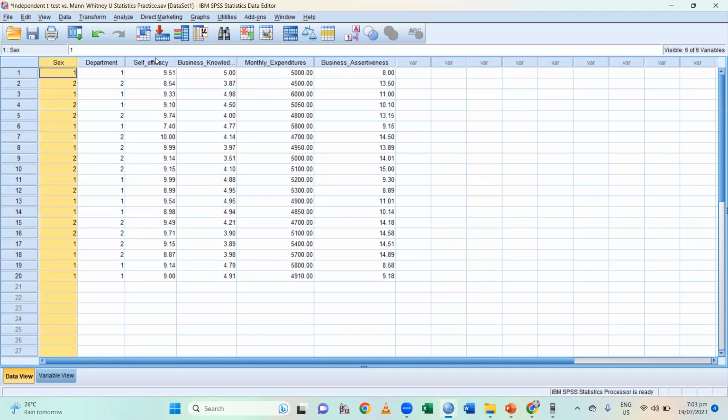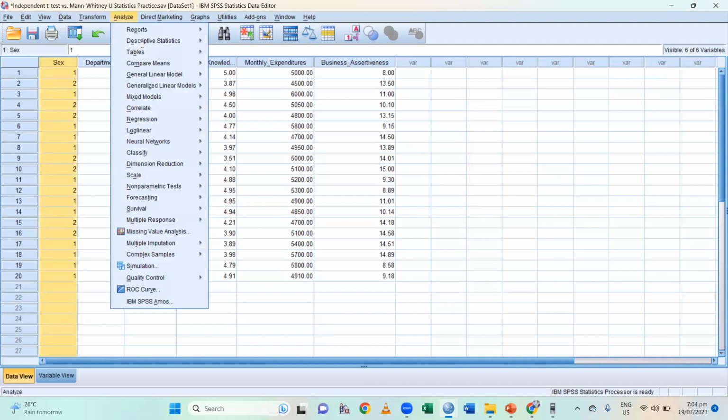To do independent samples t-test, we will go to Analyze. And don't worry, you will be provided with a video later. After going to Analyze, you go to Compare Means.